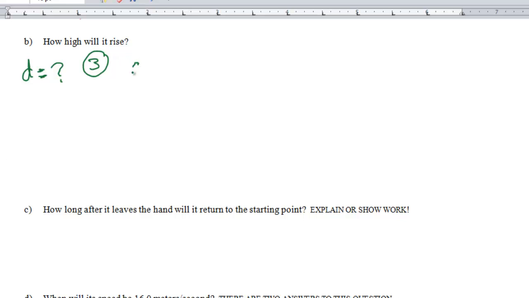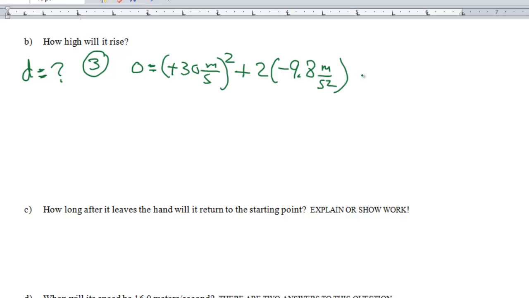Now v final squared is 0. V initial squared is the square of the positive 30 meters per second, all squared, plus 2 times a, which is negative 9.8, times d. And now if we solve for d, the positive 30, when you square it, will become 900, and that's meters squared over seconds squared. That's in the numerator, and this will be negative because we have to move it to the other side.